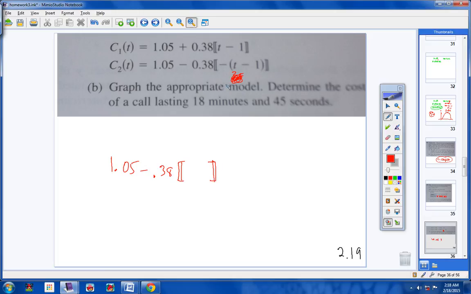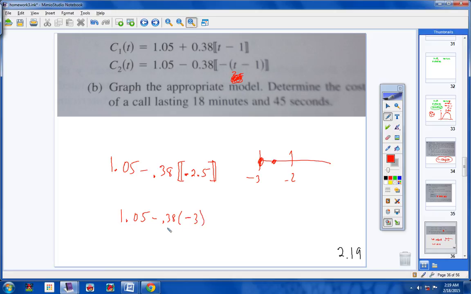Like I said, we're putting 3.5 in for t, so 3.5 minus 1 is 2.5, but there's a negative sign there, so negative 2.5. Now think of a number line, okay? Here's negative 2, here's negative 3, here's negative 2.5 right here. Remember, you always go to the left, to the greatest integer, alright? So, instead of having negative 2.5, I'm going to go to the left, to the first integer I come to, which is negative 3. This is going to work perfectly, guys. Look, I have negative 0.38 times negative 3.